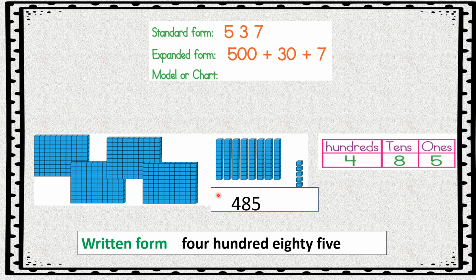I can draw 8 tens, 1, 2, 3, 4, 5, 6, 7, 8, and I can draw 5 ones, 1, 2, 3, 4, 5. That would be modeling 485. I can put 485 in a chart. Hundreds, tens, ones. 4 hundreds, 8 tens, 5 ones.